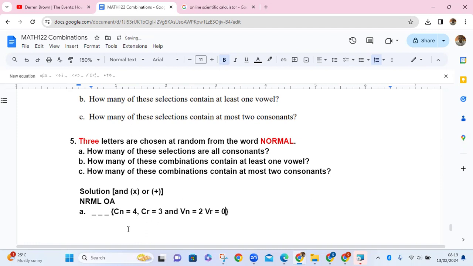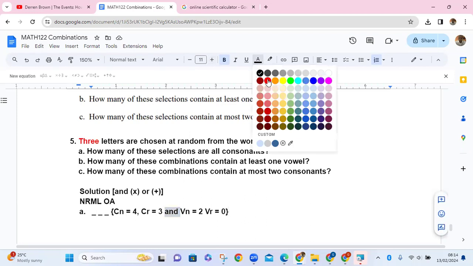We are selecting 0. So that's 3 to be selected from 4, and at the same time 0 to be selected from 2. And we're using the word and here. Please take that into consideration. And the and means that we multiply.